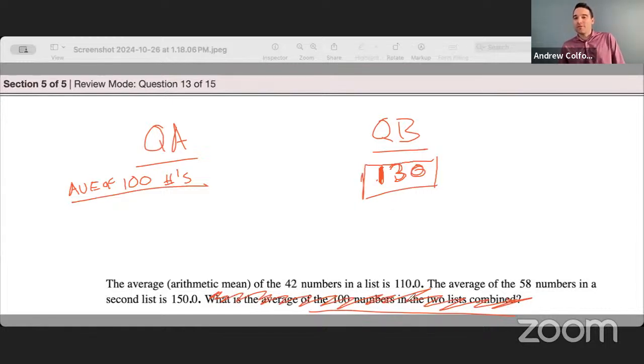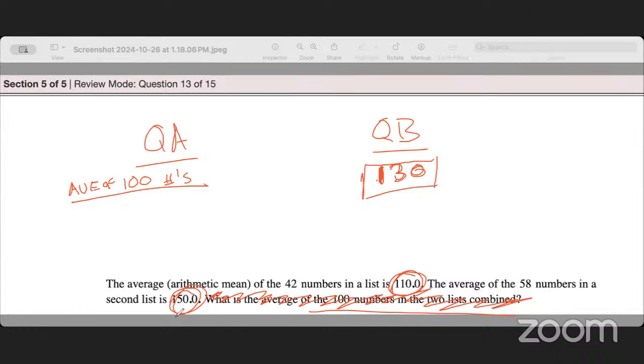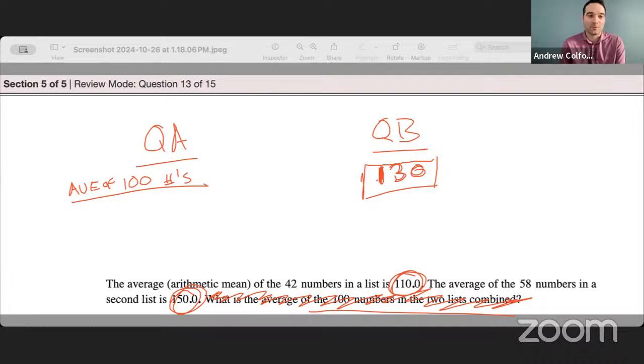Why is 130 so special? The answer is because it's smack dab in between these two, and one side is pulling harder. It just takes stepping back from the problem and thinking about it. Thank you, that's very helpful.